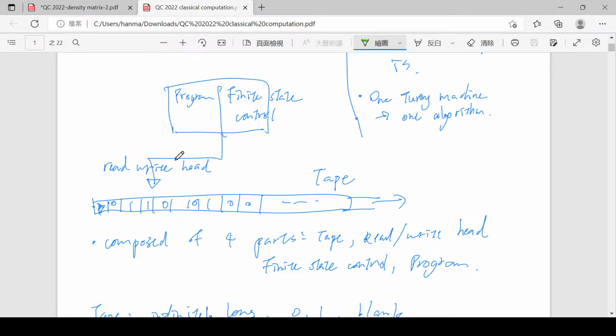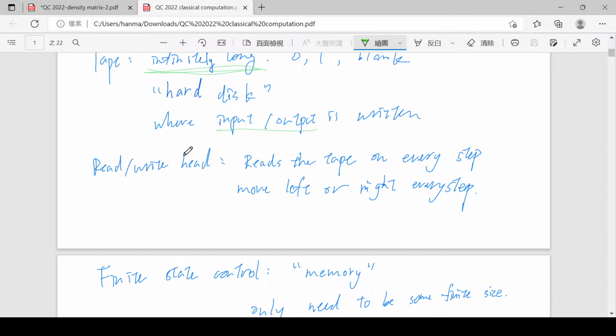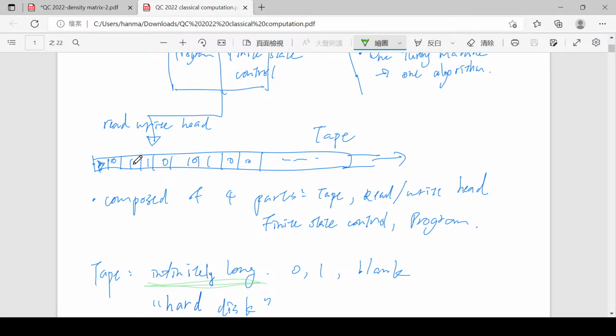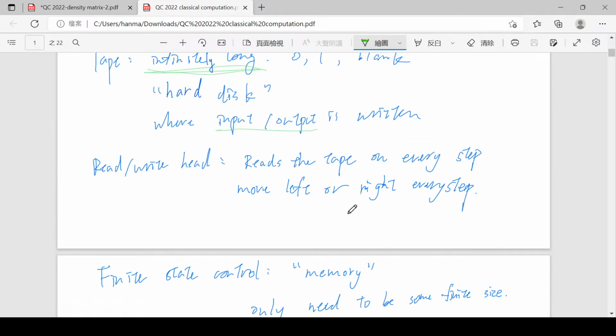And we have a very restricted movement set. Let's say you just move left or right one block every time. But I don't think it matters too much. Let's just make it very simple. So you can read whatever is on it, and you can write whatever on it, and you can move left or right on every clock cycle.